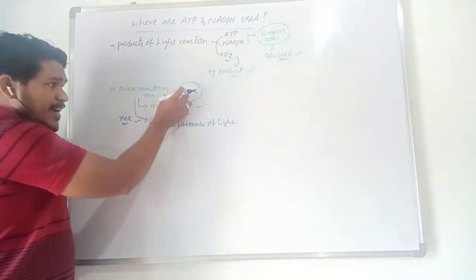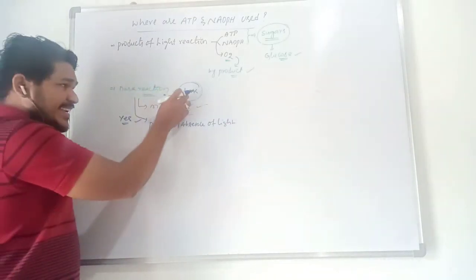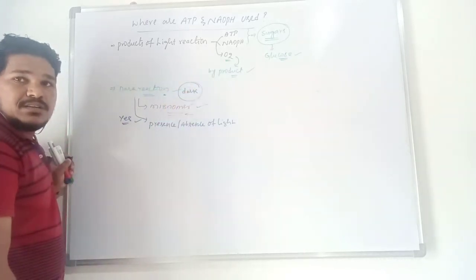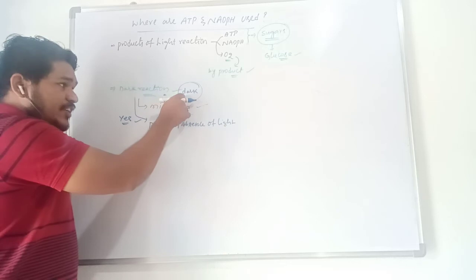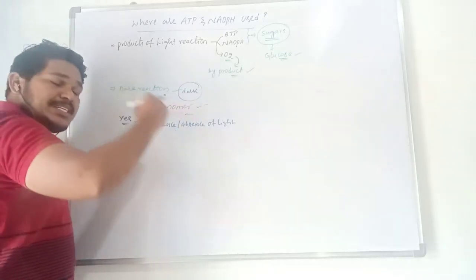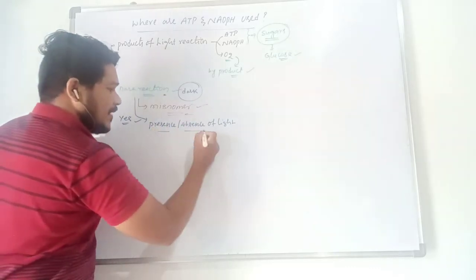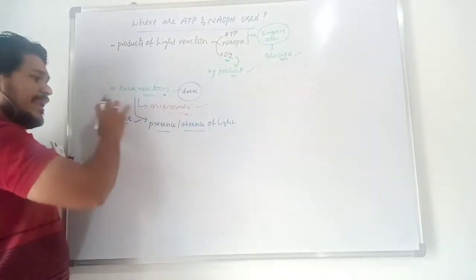The biosynthetic reactions do not occur only during the night. It is a continuous process that occurs in the chloroplast in the presence or absence of light, meaning it occurs in both day and night.